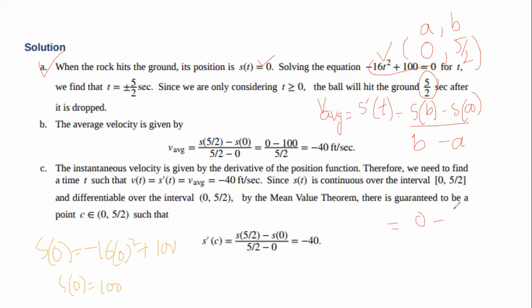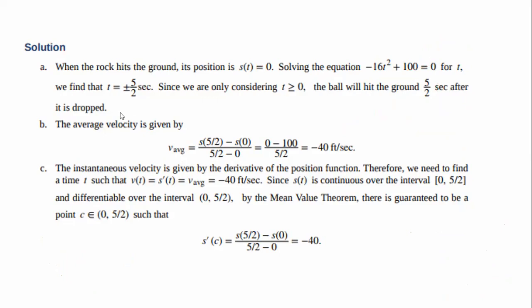So 0 minus 100 divided by b minus a, where b value is 5/2 minus 0. So it will be negative 100 divided by 5/2. So it will be negative 40 feet per second. This is the value of average velocity. Okay, this is the second part.